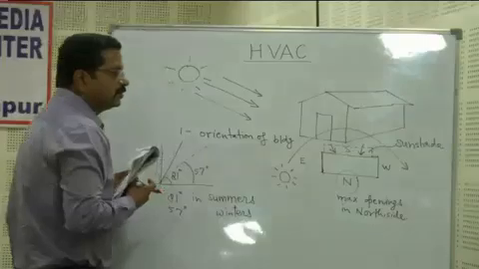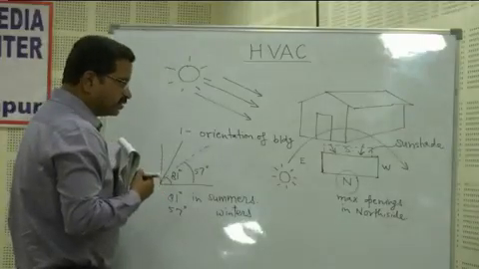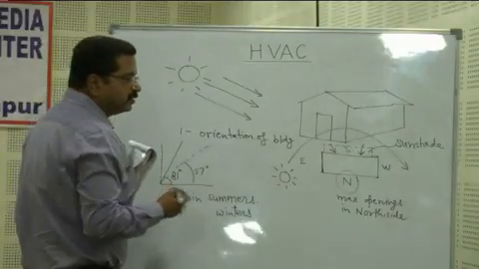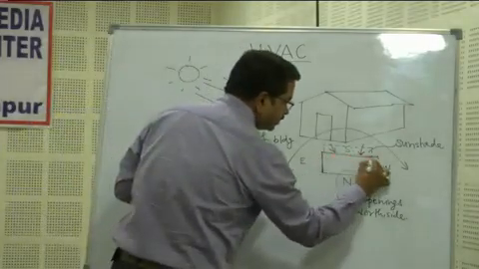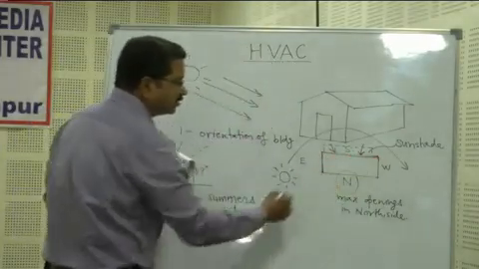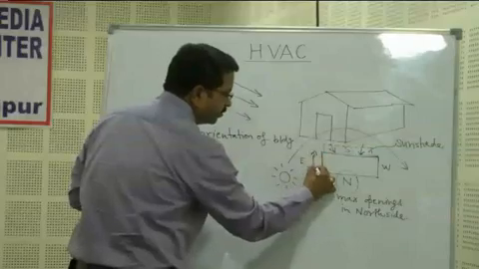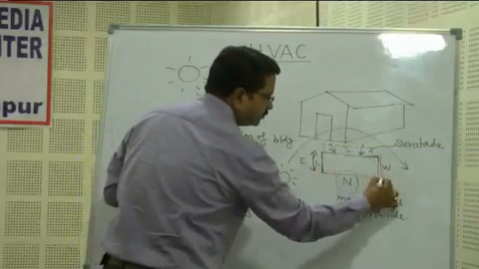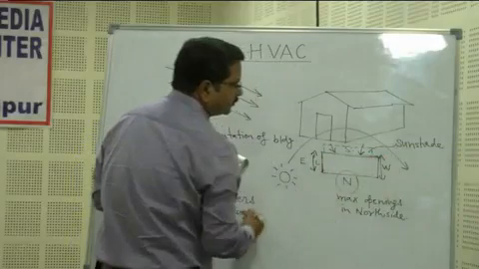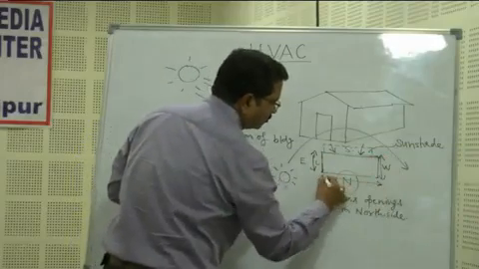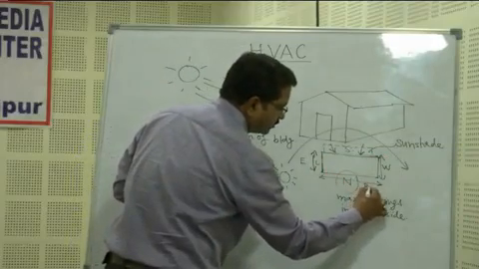And if the width of the building is on the east side and the west side, which are having lesser dimension, so this would be the lesser dimension, and north and south will have the broader face.